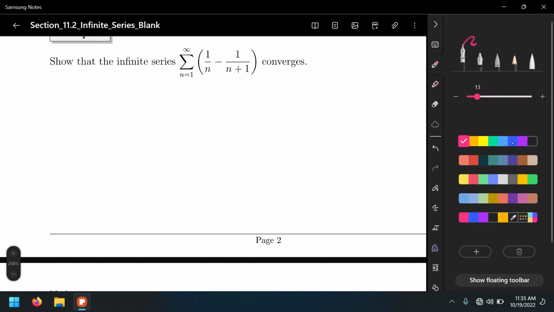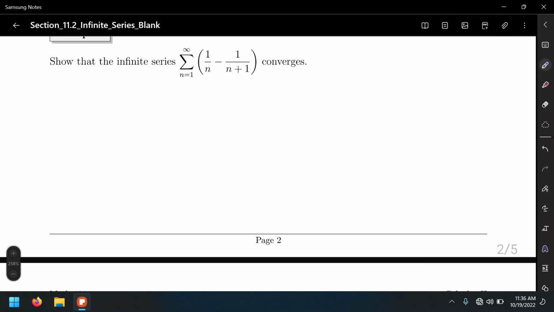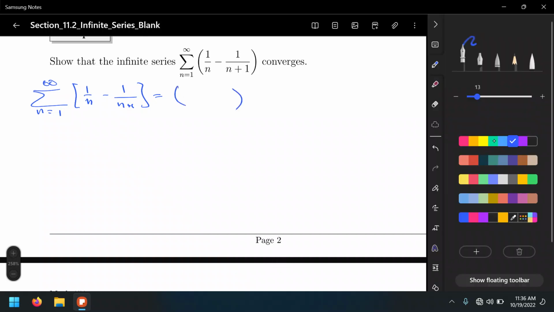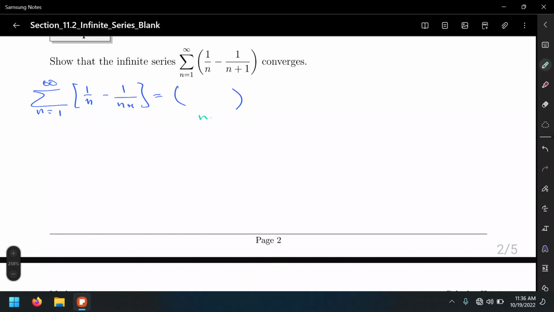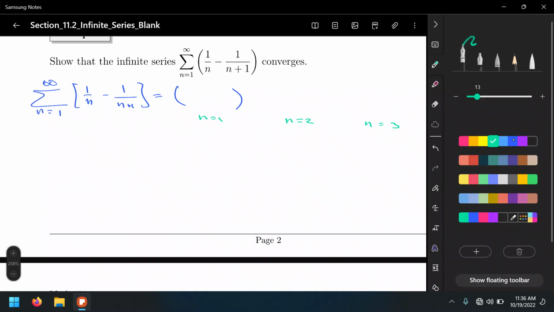So let's see. Number one, I'm going to write down the series again. Sigma n equals 1 to infinity, 1 over n minus 1 over n plus 1. And that equals, for n equals 1, n equals 2, n equals 3, n equals 4, so we're going to expand the series only a couple of terms.